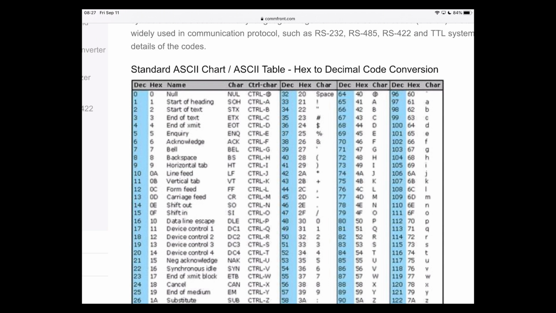Then there's all this special stuff, like acknowledge, inquiry, bell, backspace. A lot of these are useful if you're transmitting data back and forth. You can have one computer tell another, yes, I got the message, or no, I didn't get the message. Those aren't printing characters, but they're defined in ASCII anyway.